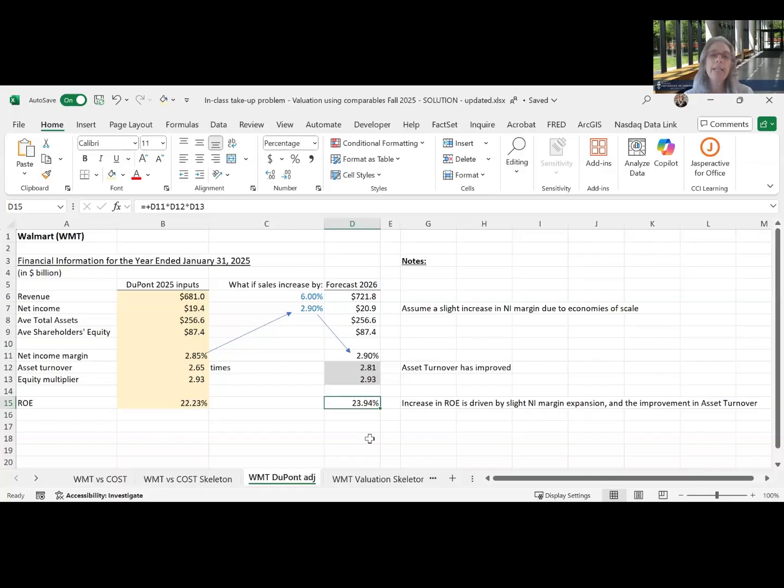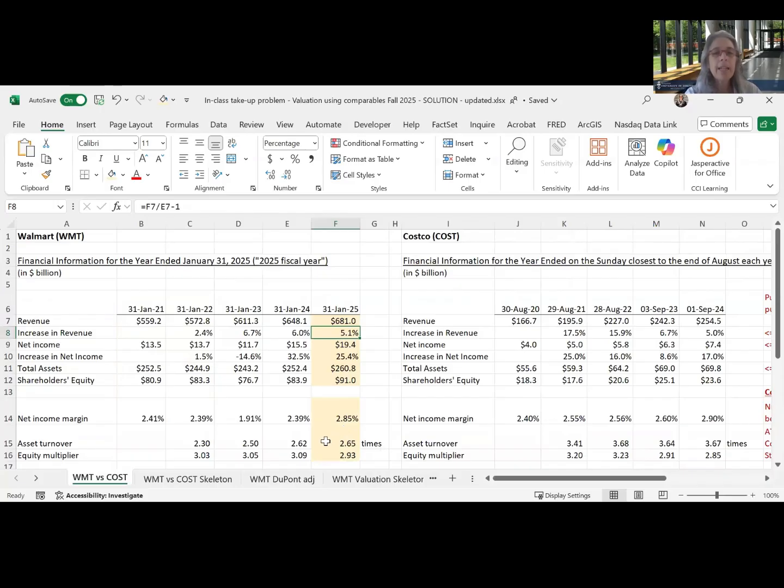So if you were an analyst looking at Walmart, you would be looking at what management is forecasting for growth. You would know that net income margins are important for getting to your net income and your return on equity, and you would understand with Walmart that their asset turnover is very important as a differentiator compared to Costco.